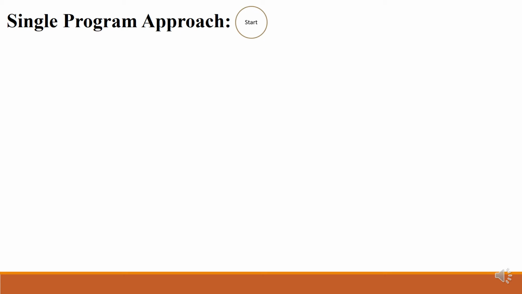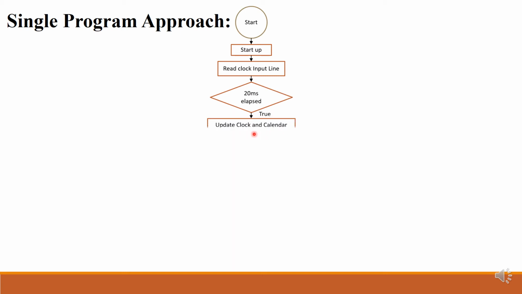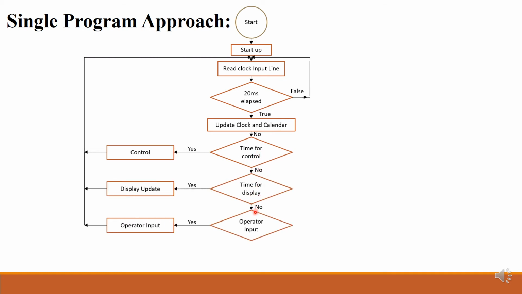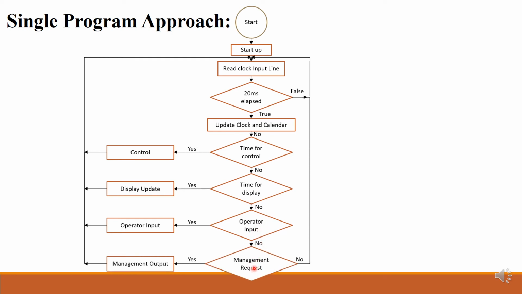Here we have a startup module initially, and all the types of modules are included: a clock and calendar module, a control module, display module, operator input module, management information module, and so on.